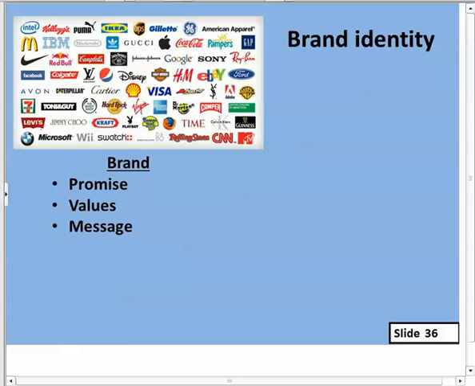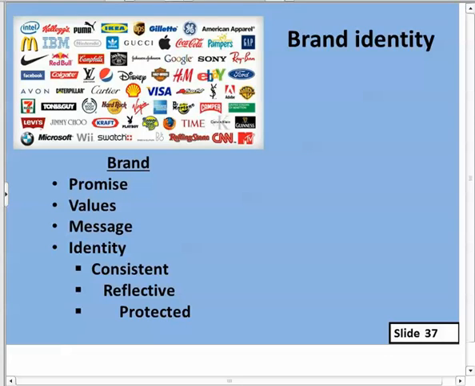Okay, so what does a brand do? Well, it shows what your promise is. It shows what your values are. And it creates that message that you're trying to get across. Okay? Now, what is the identity of your company?